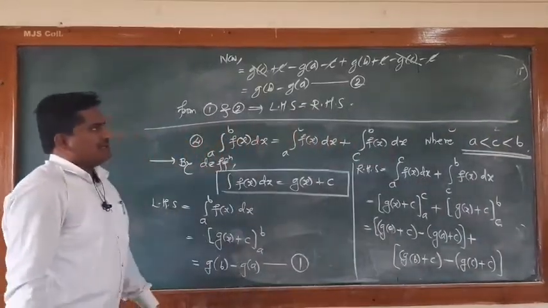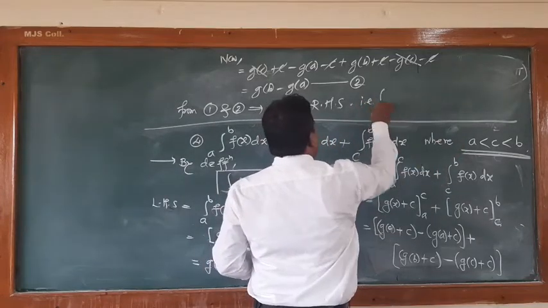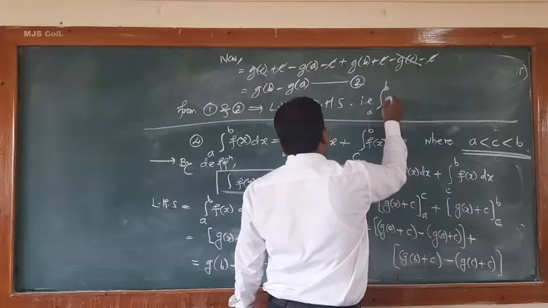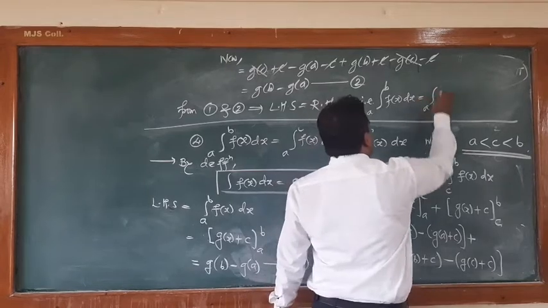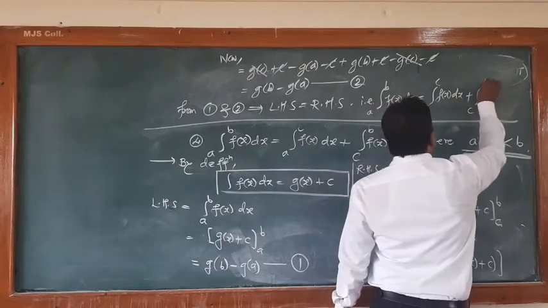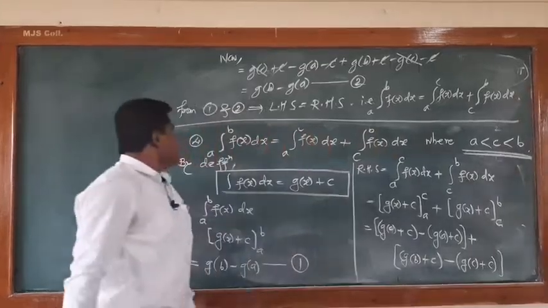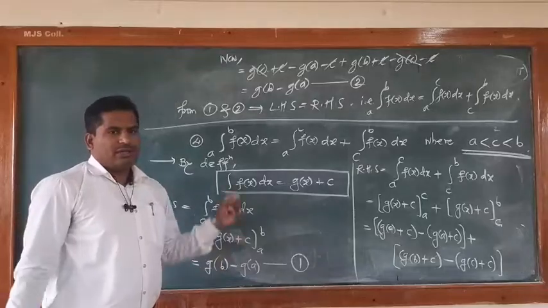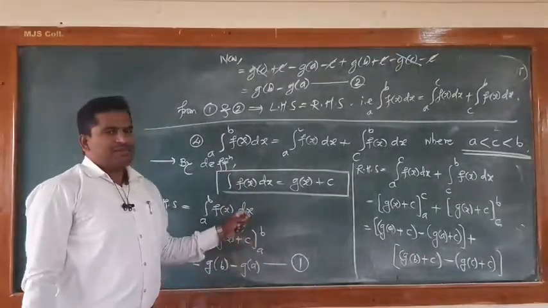That is, the integral from a to b of f of x with respect to dx is equal to the integral from a to c of f of x dx plus the integral from c to b of f of x dx. This is the fourth property. In this lecture, we have studied the definition of definite integral and the properties from 1 to 4.